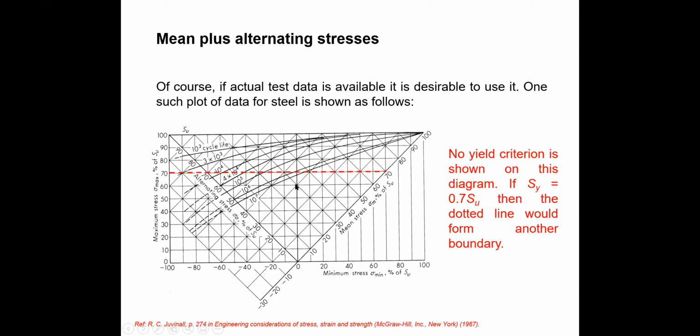The crossing point gives you the number of cycles it will fail, or if you get the mean stress and alternating stress, you can get the number of cycles it will break. I will discuss how to get the readings in later slides, so don't worry about that. You can use this particular diagram to get the number of cycles to break it.